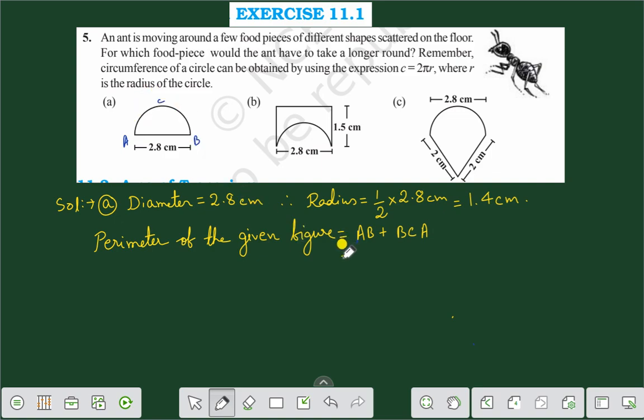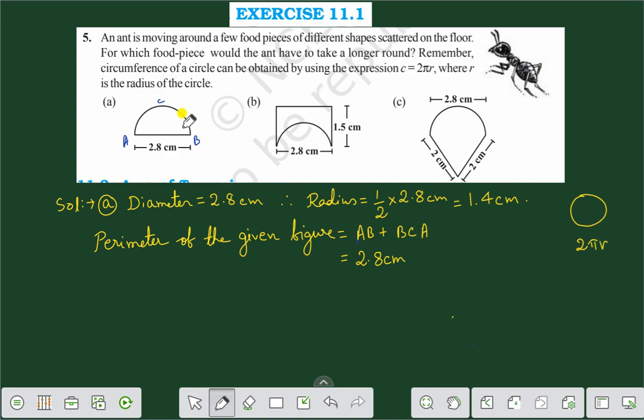Therefore, AB is given as 2.8 centimeter. And we know that the circumference of a circle is 2πr.